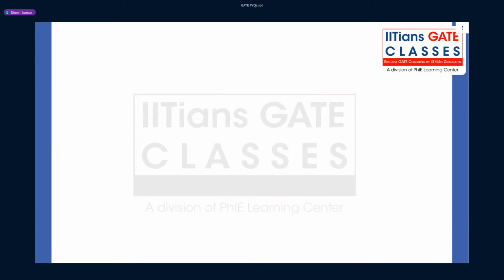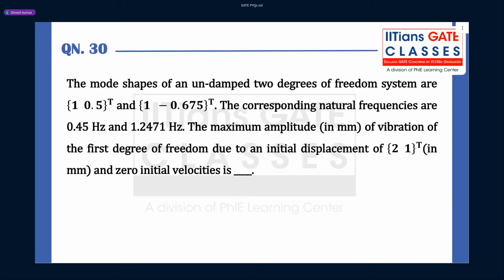Next question, if you look, guys, what does it say? This question is also a very easy question, and they have given so much information which will not be of much use. It says the mode shapes of an undamped 2 degree of freedom system are [1 0.5] transpose and [1 -0.675] transpose.